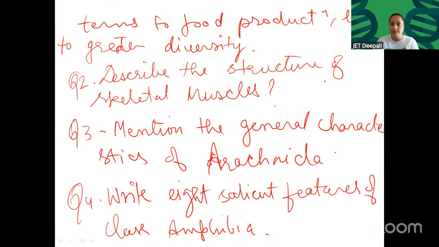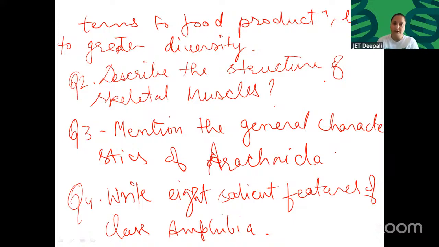In every question, such language does not come, like explain it with the help of a diagram. But if it is not written and the question is of 4 marks, you have to draw a simple diagram related to the question asked.